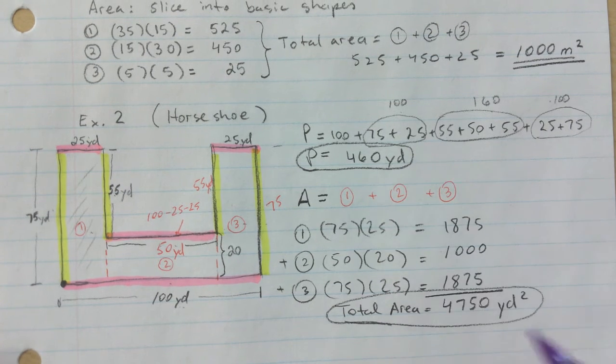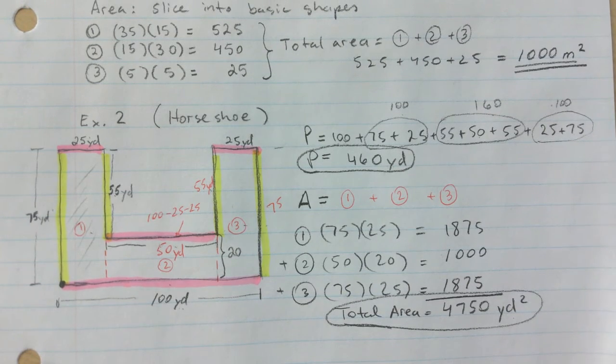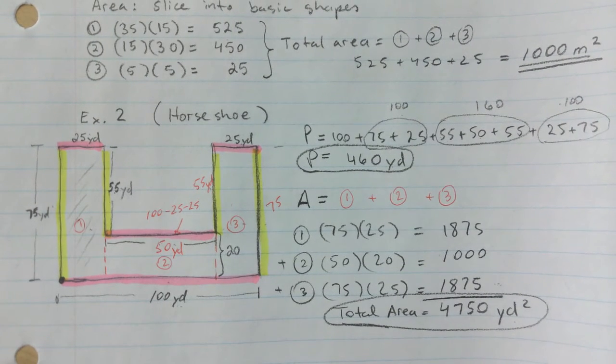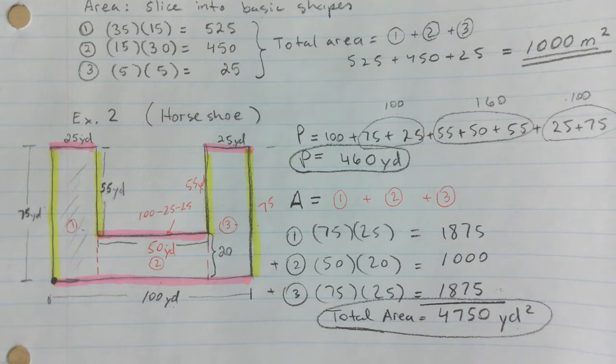So we did the perimeter and the area of this shape. Good. Next page. I gotta do these from scratch, okay?